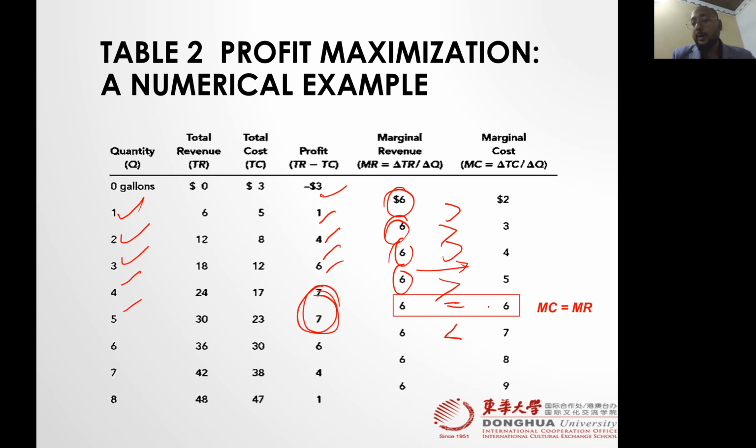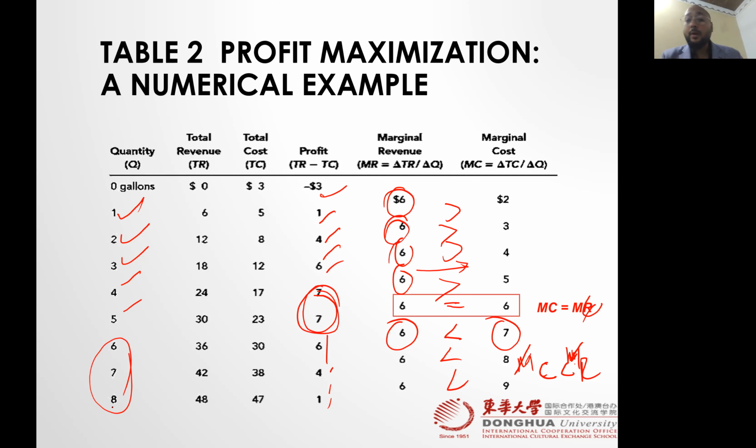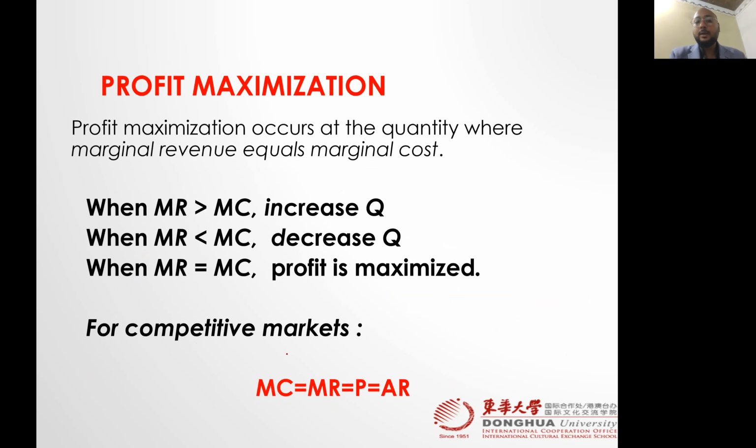And if your MC is greater than the MR, which means revenue less than the cost, if you just omit the M here, it means by producing more, your profit is decreasing. By producing more and selling more, your profit is decreasing. It means reduce the production. If MR less than MC, decrease the production. All right?